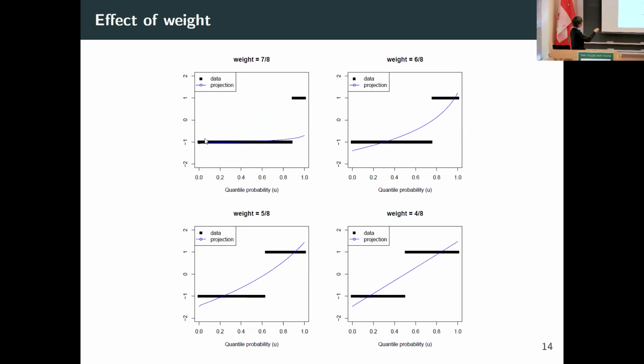in general, here I'm plotting the quantile functions. Everything is in terms of the quantile functions. In general, it is possible that the support of the projection may or may not be a subset or superset of the data distribution's support. So it can contract in one direction or expand in the other direction.